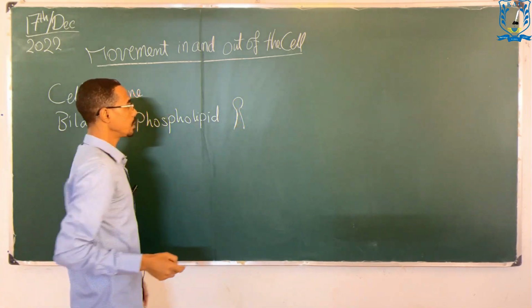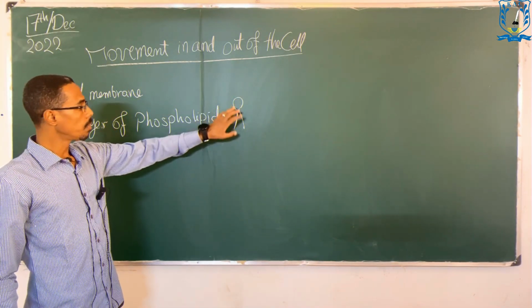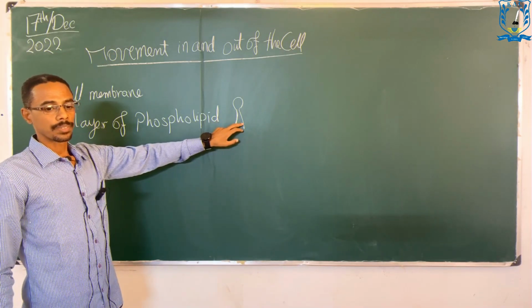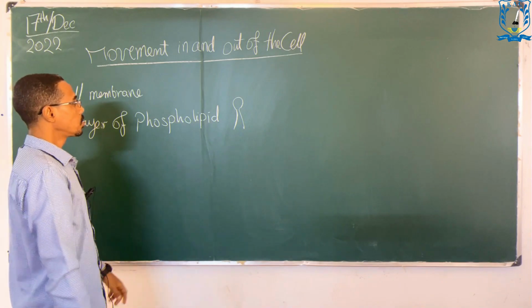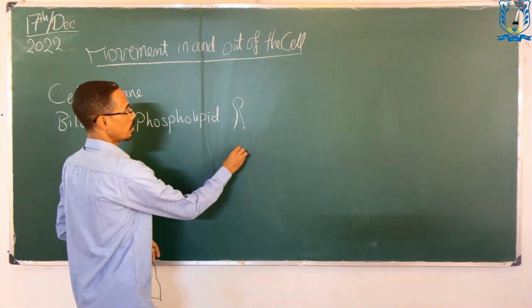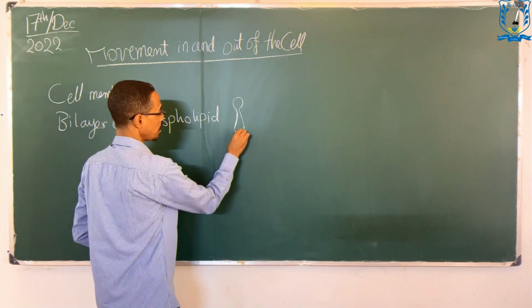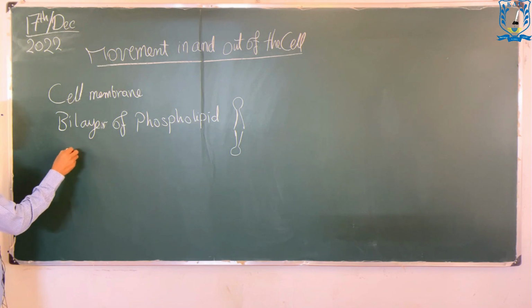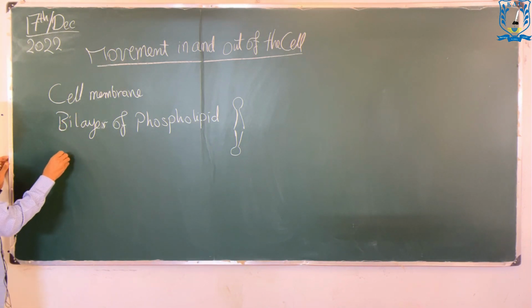This is a phospholipid. The head here is a phosphate group, and the tail here is a lipid. So we have a bilayer, that means we have a layer, and we have another layer which is facing this one.